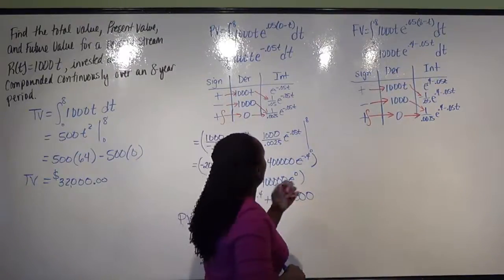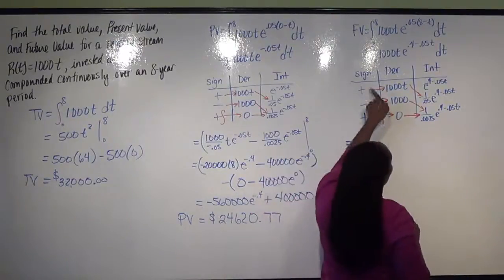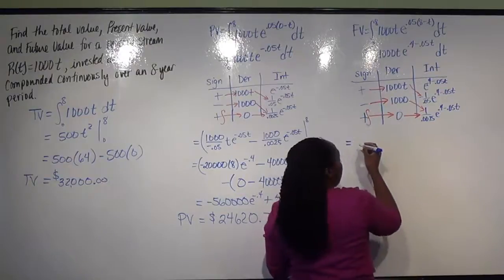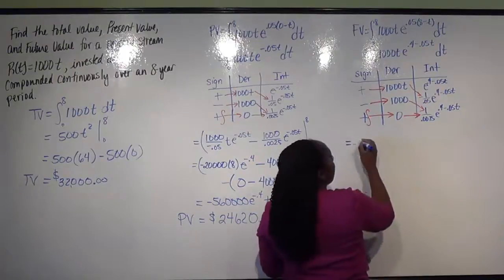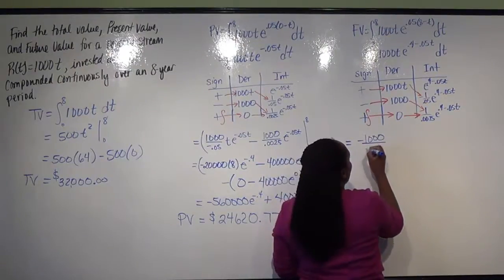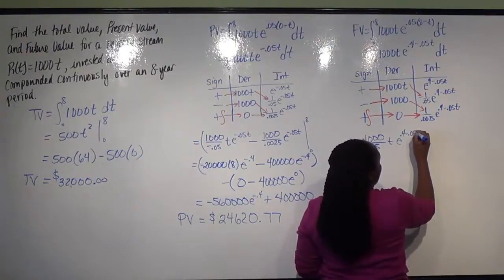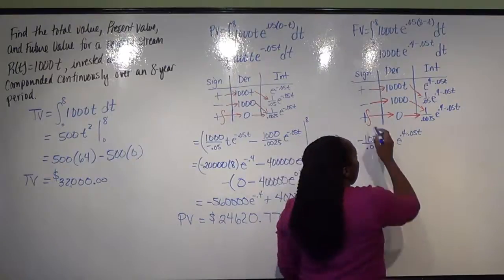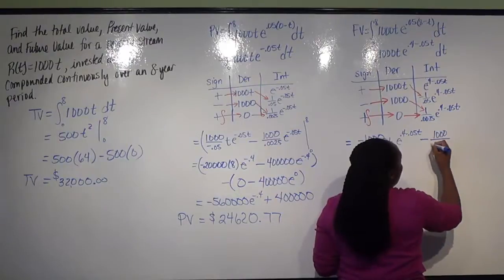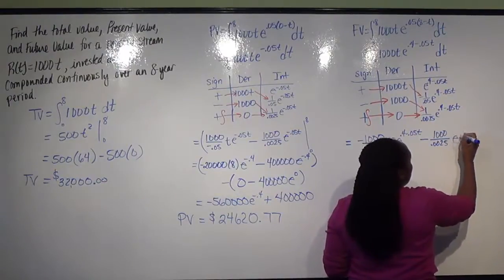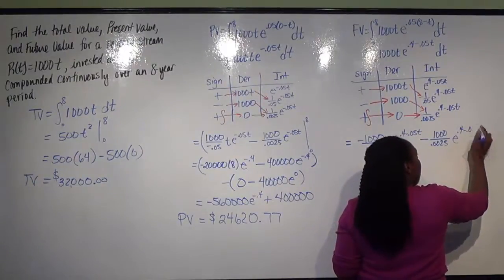Following that first row of arrows, we'll get a negative 1,000 over 0.05t e to the 0.4 minus 0.05t, minus, at the second row, 1,000 over 0.0025 e to the 0.4 minus 0.05t.